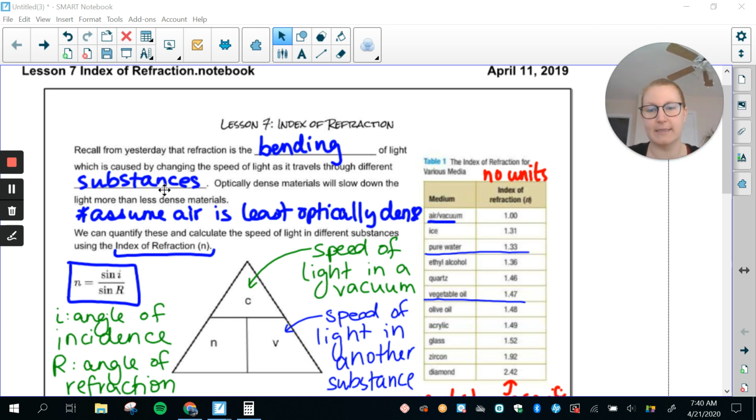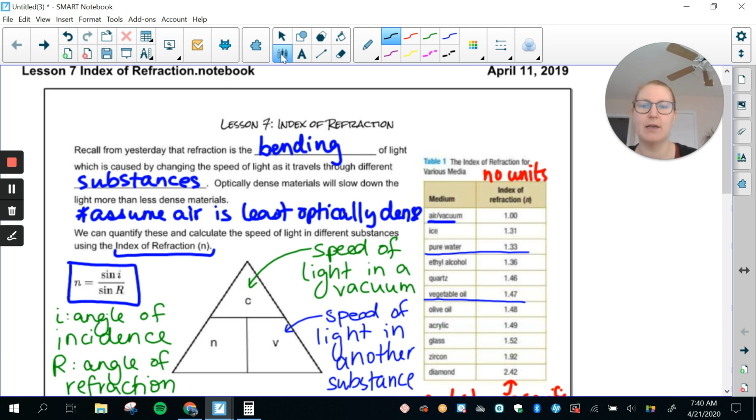So yesterday's lesson, we basically used this formula, which is n equals sine I over sine R. And as I was saying, this is a lesson 6 concept. So I did a video yesterday showing you how to actually calculate that. So if you need to, you can go back to that video and check it out again.